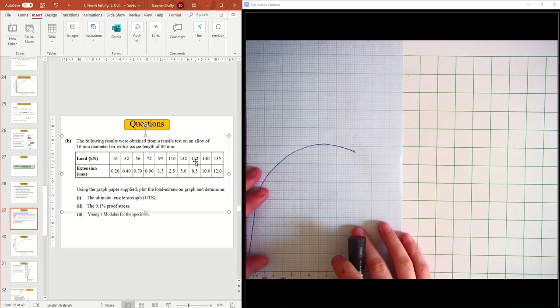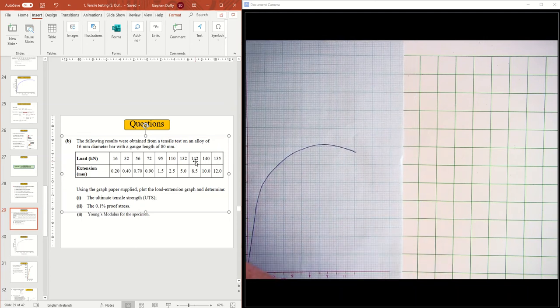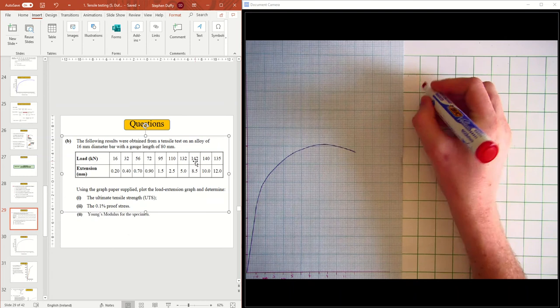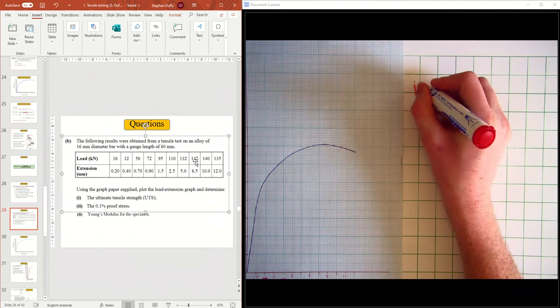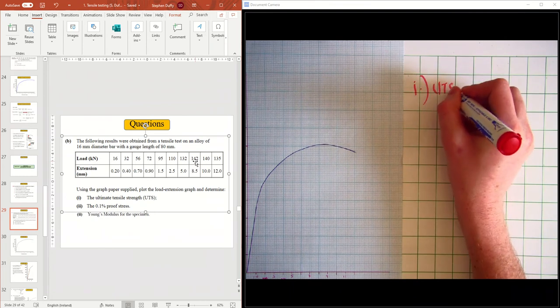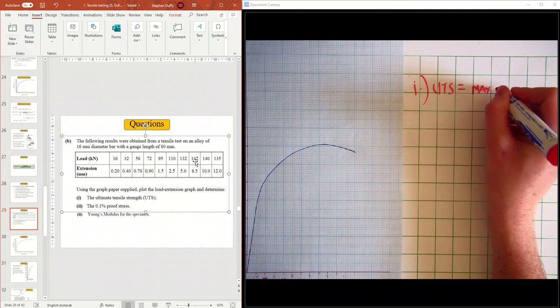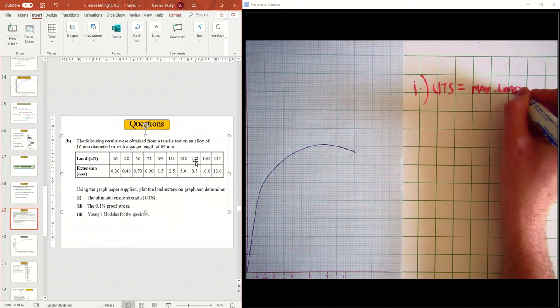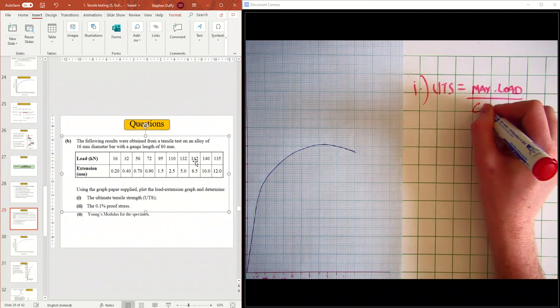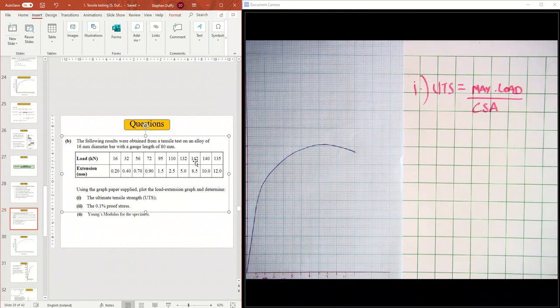So just putting it down here, we want to find 1, the UTS. I know the UTS is max load over CSA. The first thing we're going to do is write down our values.